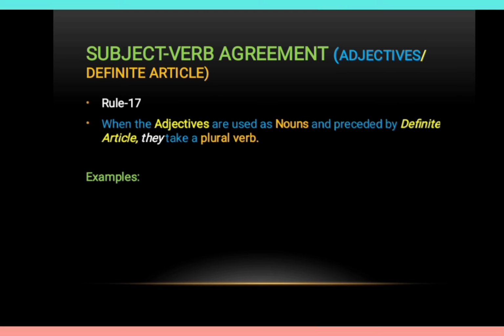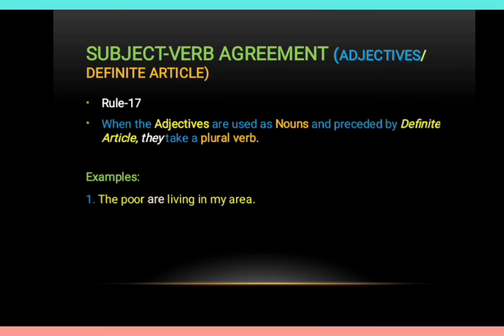We have some examples regarding this rule. The poor are living in my area. The word poor is an adjective preceded by the definite article "the", and it is used here as a noun. When adjectives are used as nouns and preceded by the definite article, they take a plural verb.